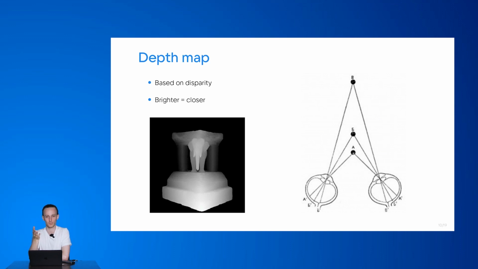Well, it turns out that we indeed can, and in order to do that, we need the calibration matrices, and we need the base of the stereo, which is the distance between two eyes or two cameras. And while having all of that, we can indeed calculate a so-called depth map.